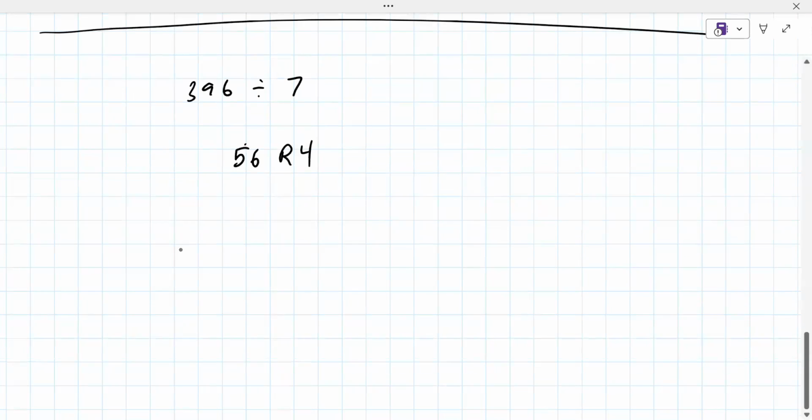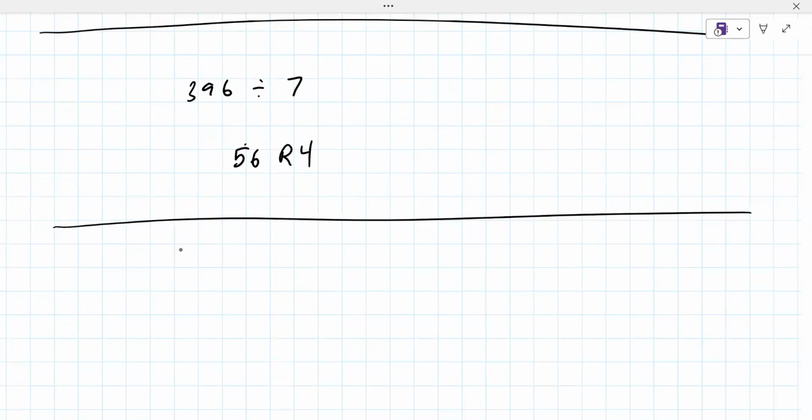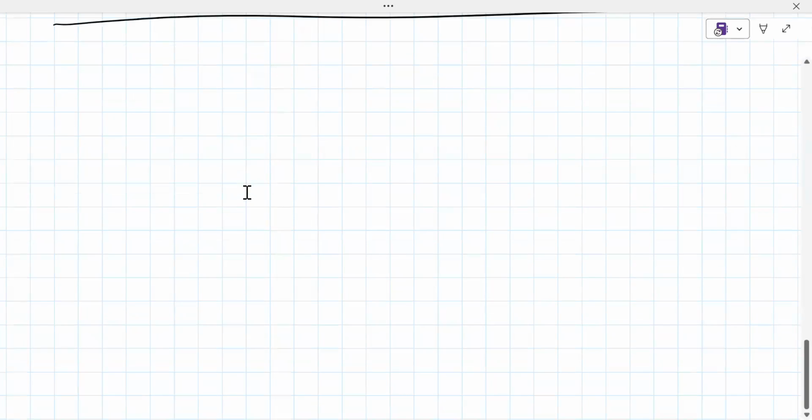Now let's talk about a different topic here, because it sounds like you actually know how to do this just fine. Have you talked at all about dividing decimals, like 0.2 divided by 0.05?